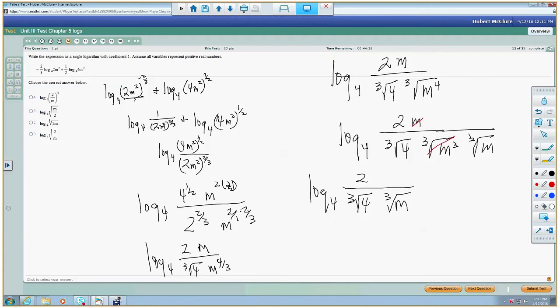That's the cube root of 4m. Log base 4, 2 over the cube root of 4m. Getting the same thing.